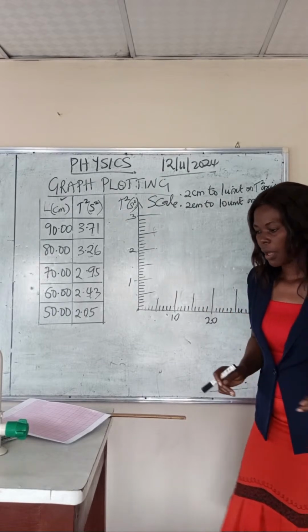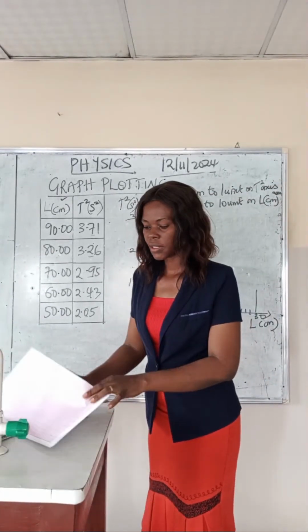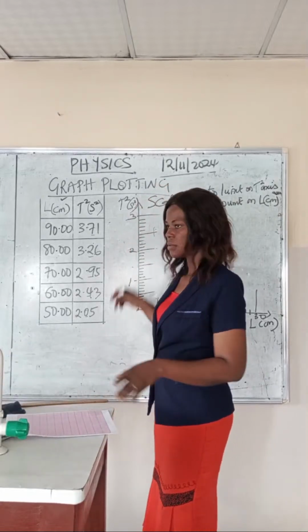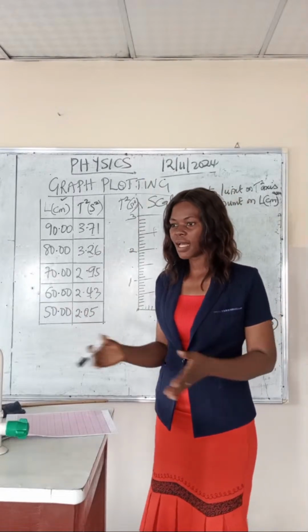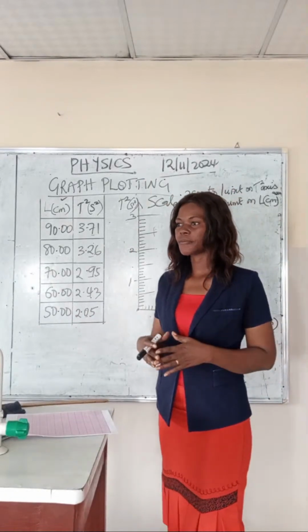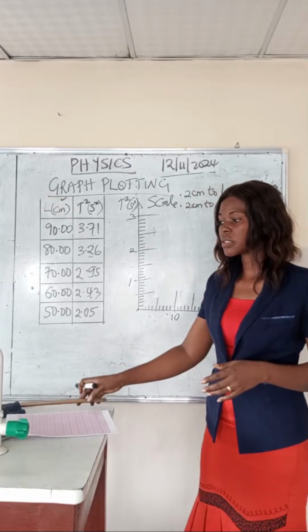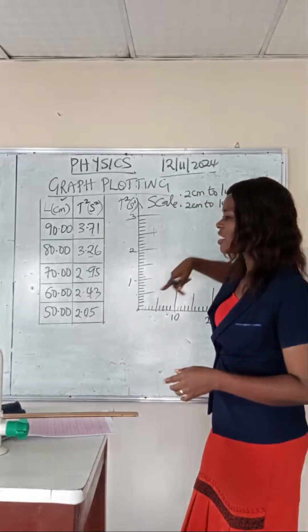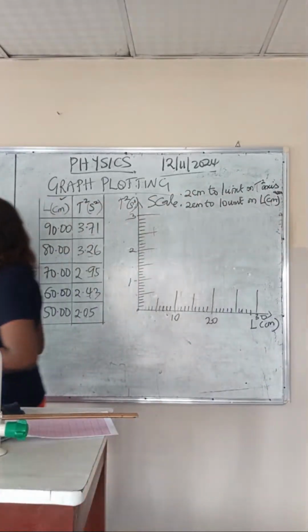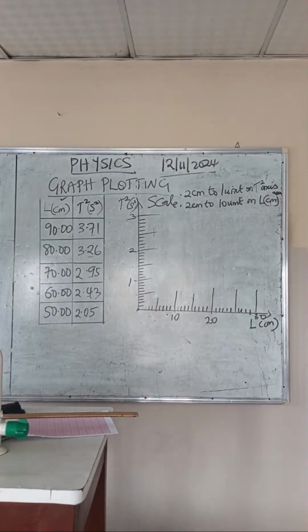Alright. I'm coming to inspect your work. We should start. Draw your graph and start. T square. We have many. To the end of your line, you extend it. You shall get it.